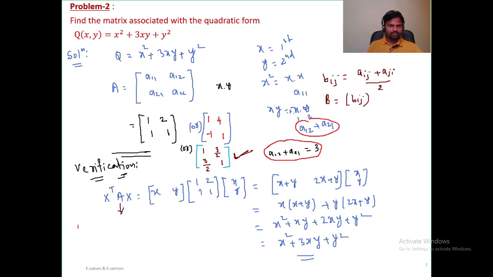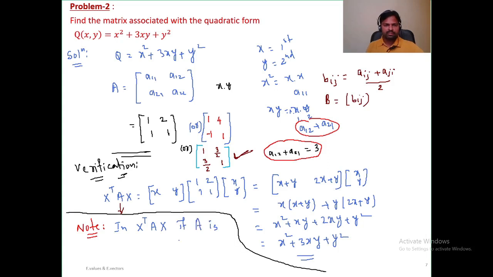Therefore, note: in x transpose A x, if A is a symmetric matrix, then A is unique.